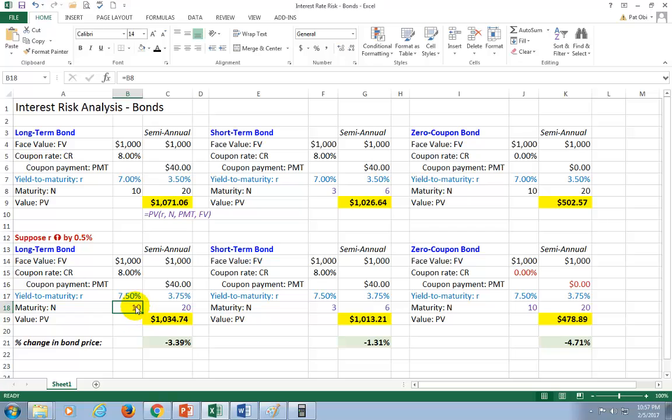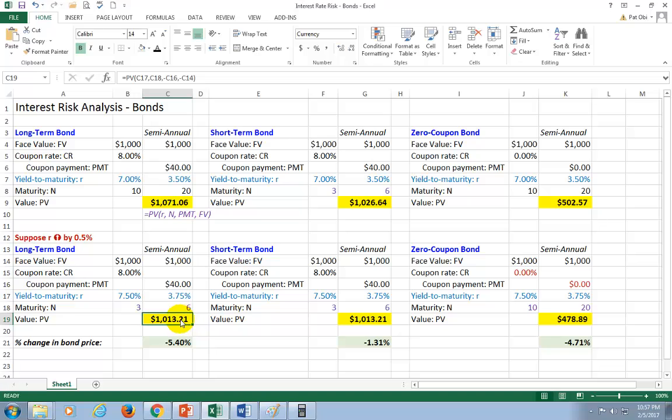So, as in this case, let's say that 7 years later, this bond now has 3 more years to go. If I change the maturity to 3, as you can see, the value of this bond drops to 1013.21, which is identical to this one here.